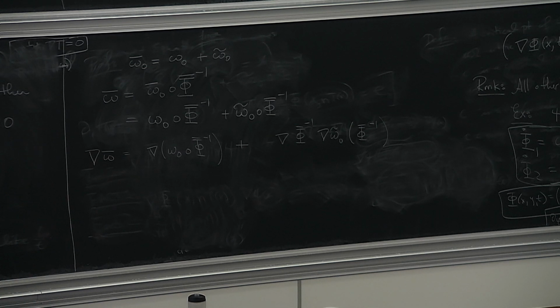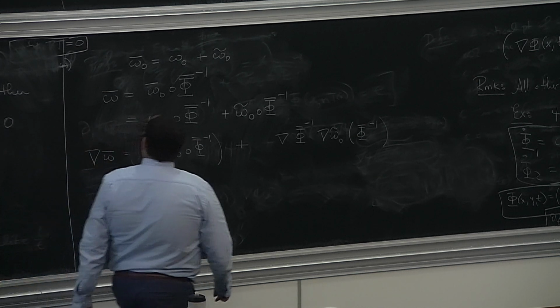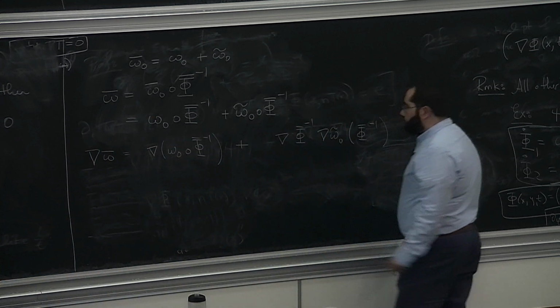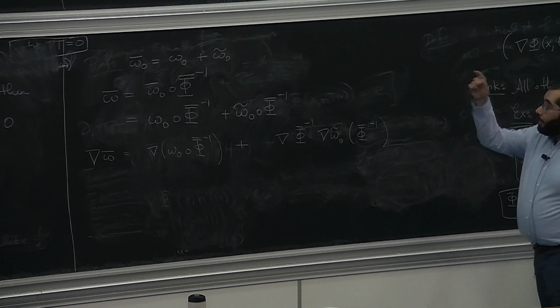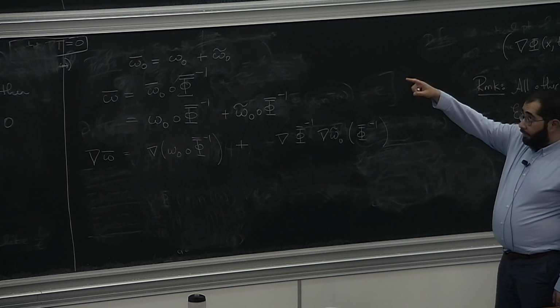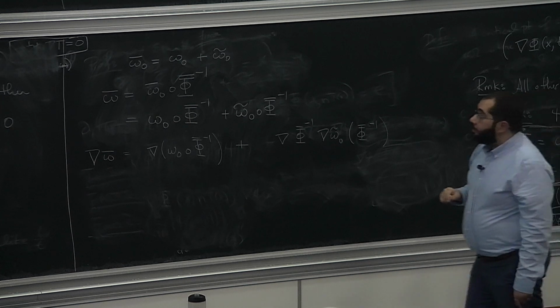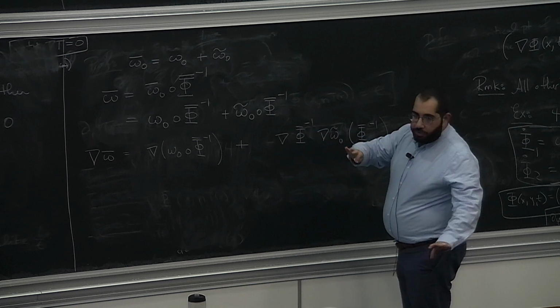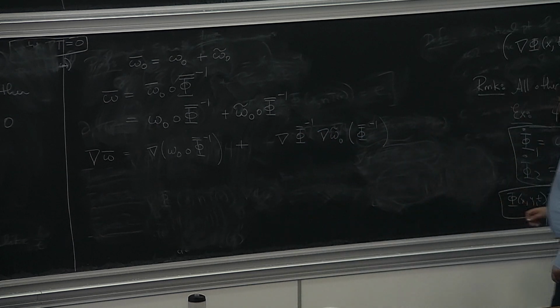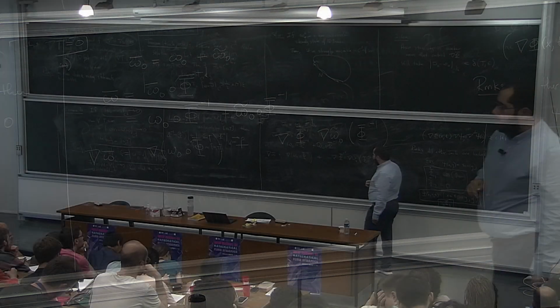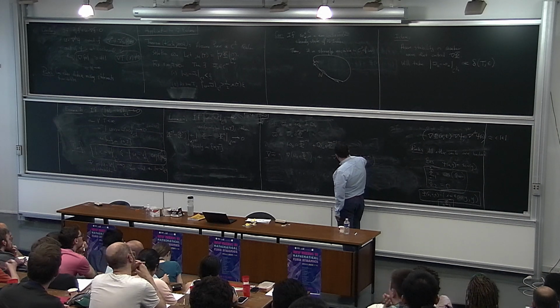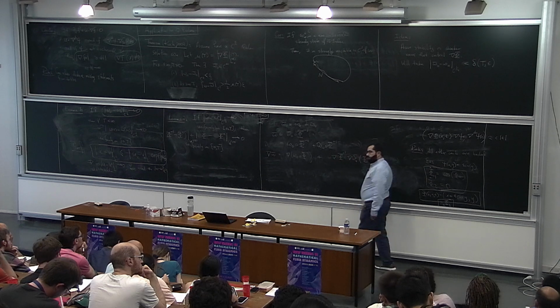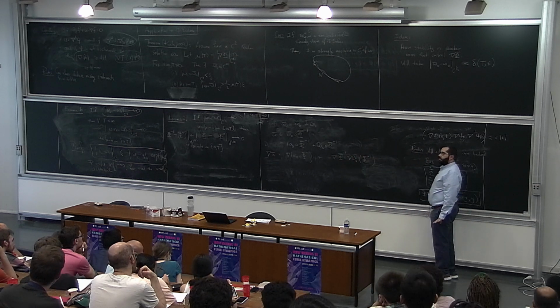Is that okay? All right. Now, what's my assumption on the gradient of phi? Given what I said, I can remove this bar. Does that make sense?